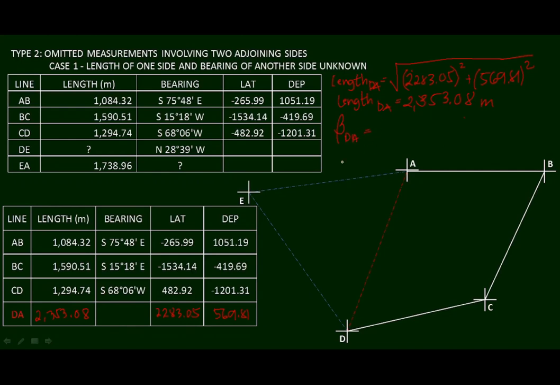So yung ginawa natin last time, that is the inverse tangent of your departure over latitude. So that is the inverse tangent of my departure 569.81 and my latitude is 2,283.05.